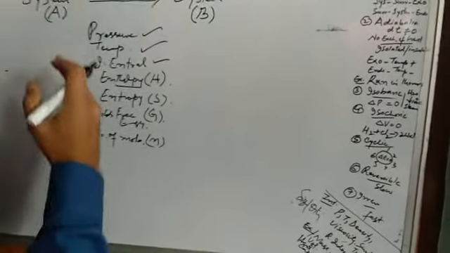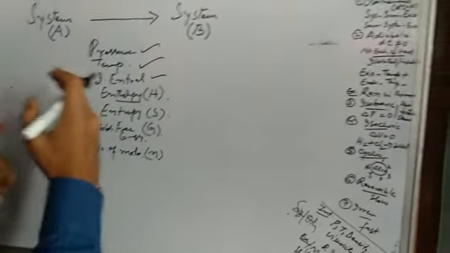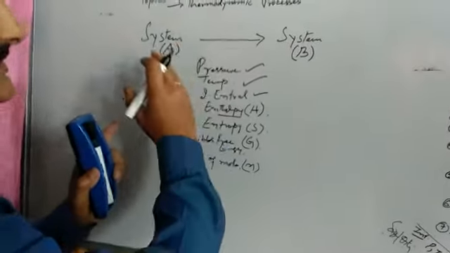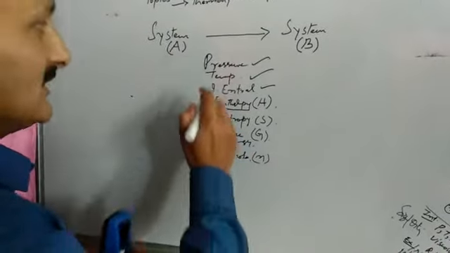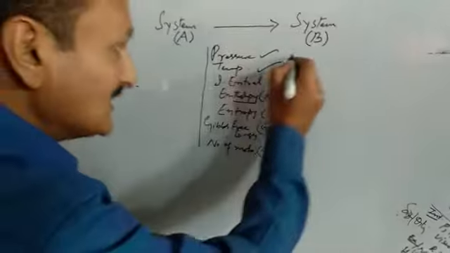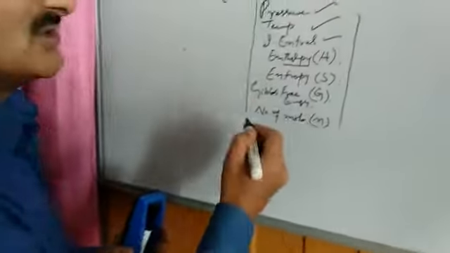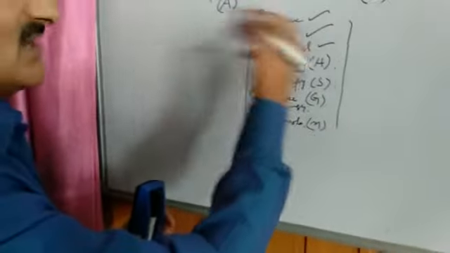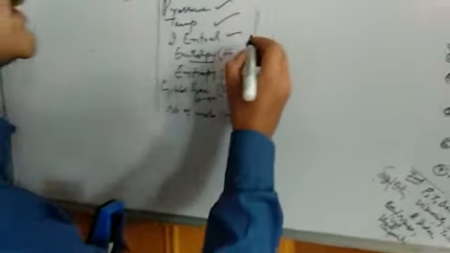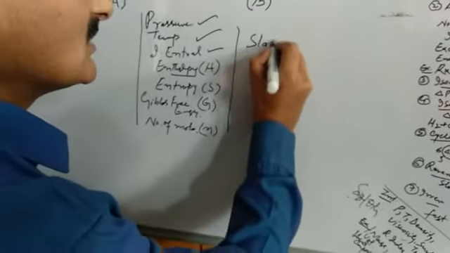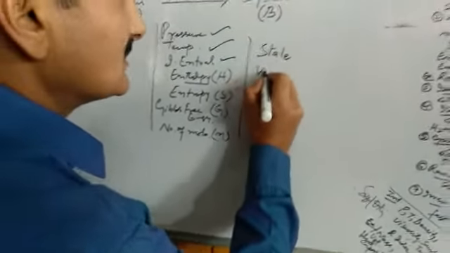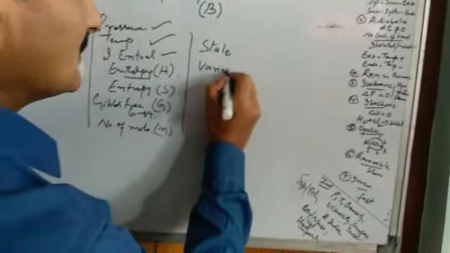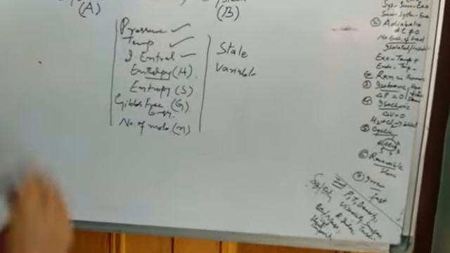So these are some changes that take place when a system changes from one state to another. Then these things which have changed during the course of reaction are known as state variables. These are all state variables.